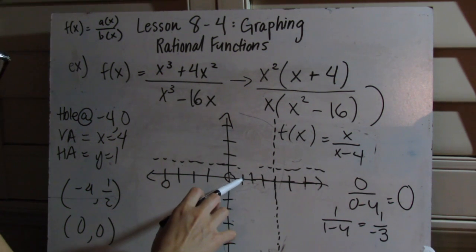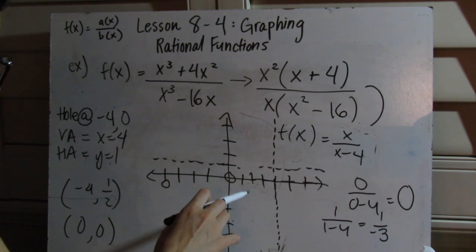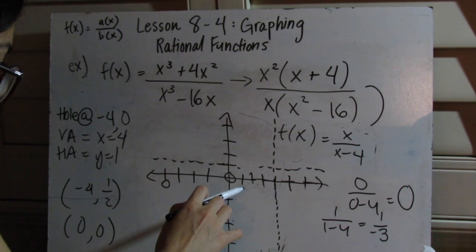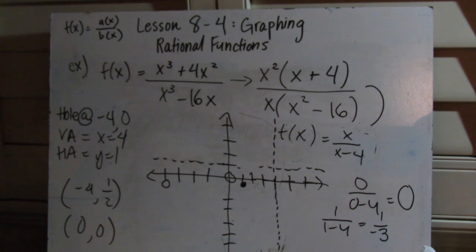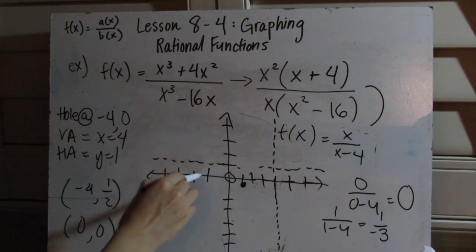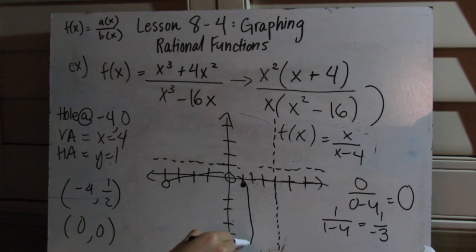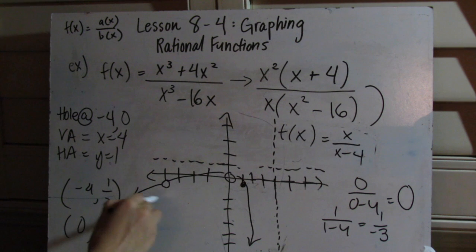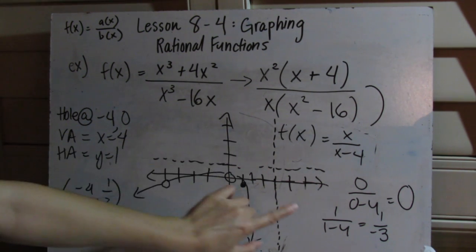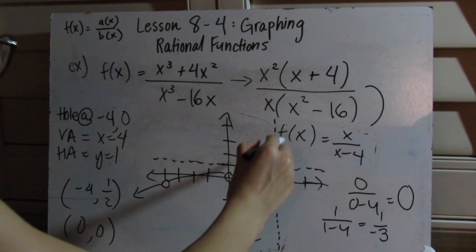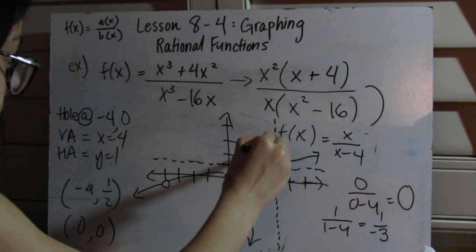So here's 1, negative 1/3 would be right around here, which means that there's a point somewhere in the negative 1/3 area, and so we know that our function is going to look somewhat like that. And because we know that this function is either going to lie here and here together, or here and here together, we know that the other side of the function is going to lie right here.